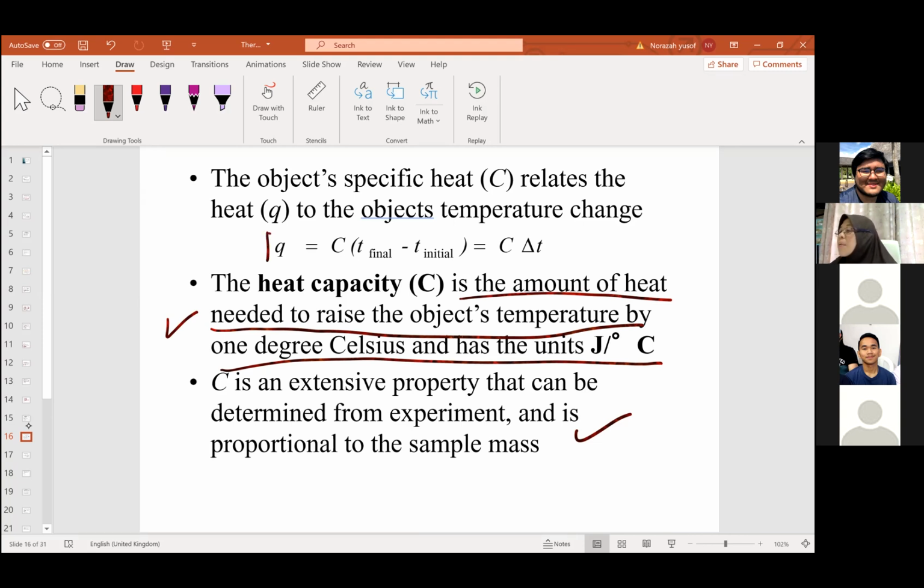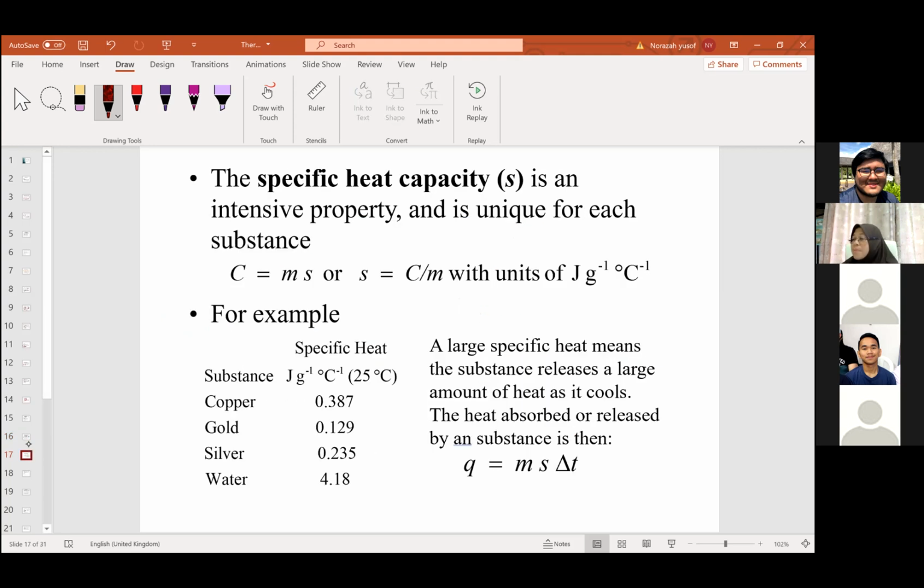So this is the formula: heat, Q, equals C times delta T, where C is heat capacity and T is temperature change. It should be capital T so you are not confused with time. So the definition is the amount of heat needed to raise the object temperature by 1 degree, and it has the unit of joule over Celsius.